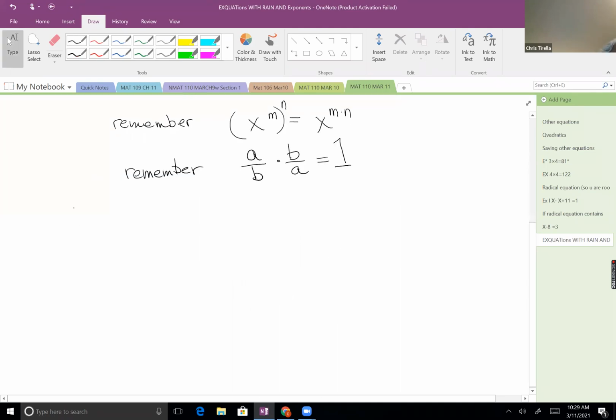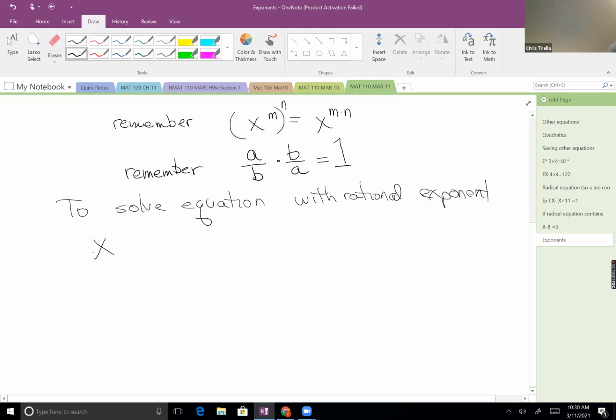So to solve an equation with a rational exponent, let's start sort of simple.